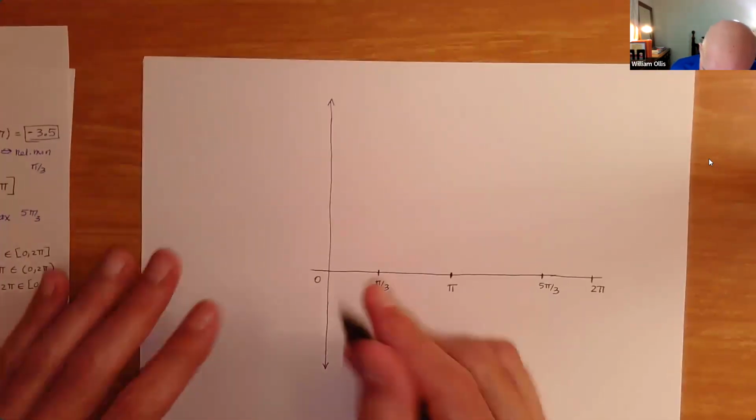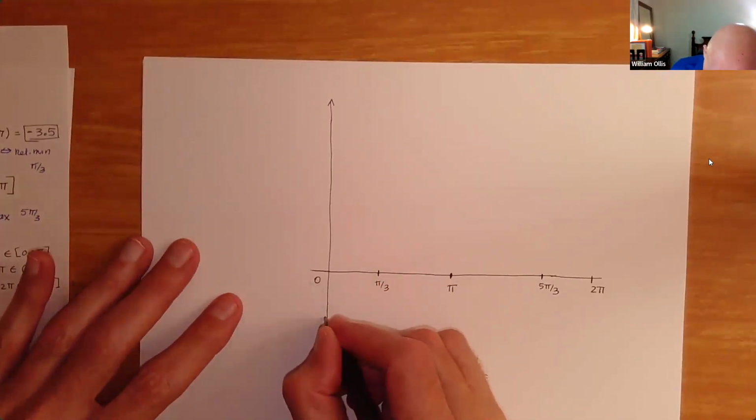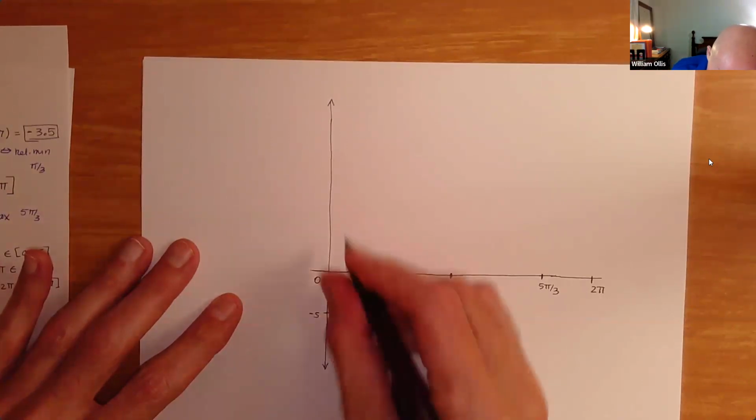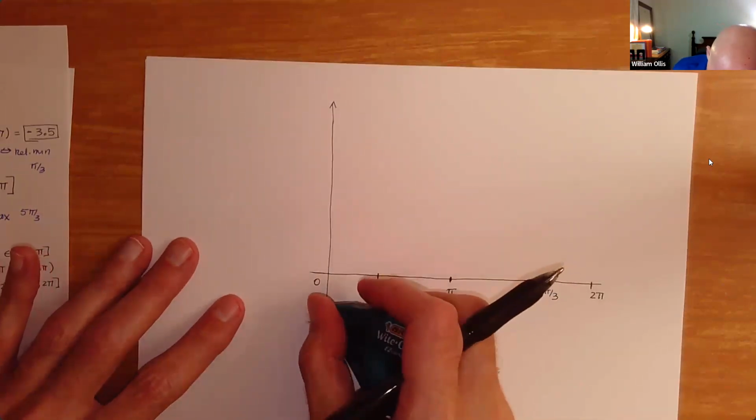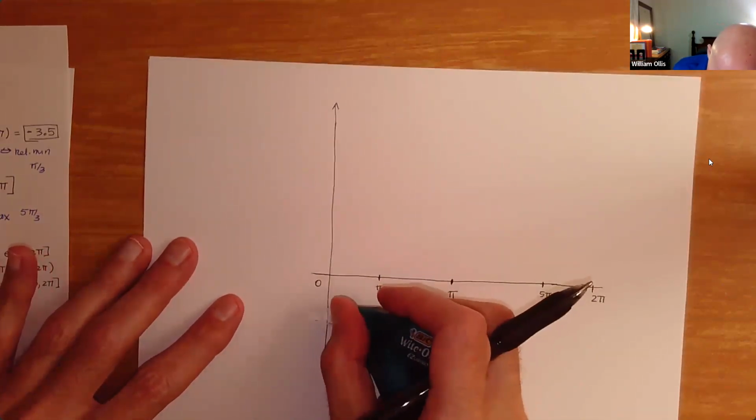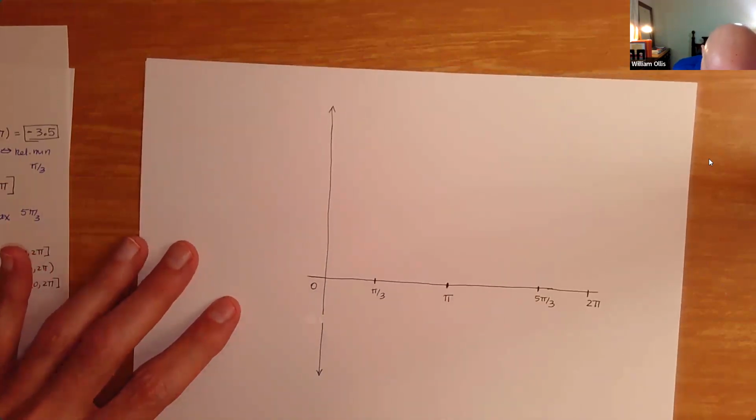So we'll mark this out. So we've got about, let's just say, a negative 5. Let's make that just a little bit smaller because we didn't write this down as much.